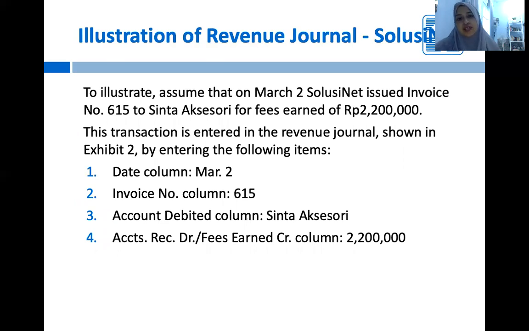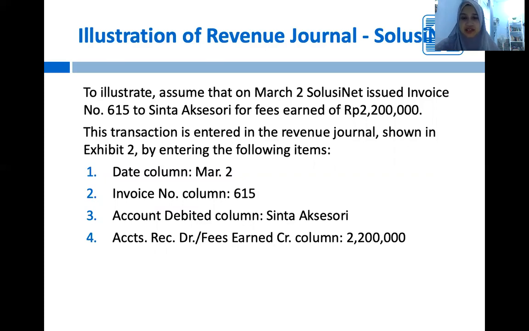Okay, let's say on March 2nd, Solusinet issued invoice to Sinta Accessory for fees earned of 2,200,000. So we would put it in the columns of the revenue journal. The first column is the date, the second column is invoice number, and then what account that we debit.